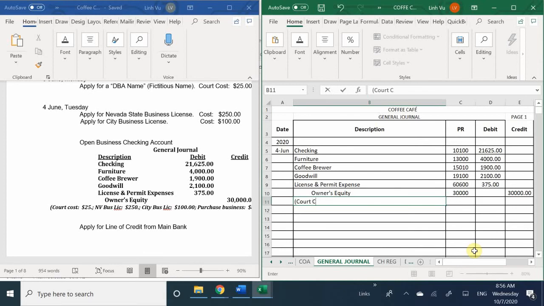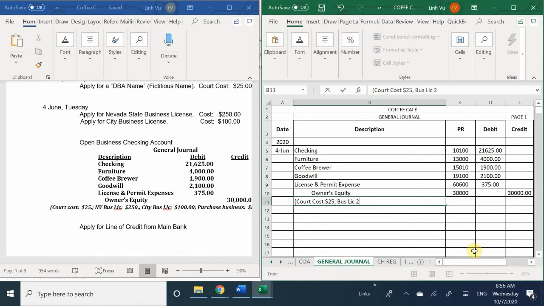Court cost of 25. Actually, let's do NV. We'll write it word for word, and then when we move forth from that, we can go ahead and do it however you want to do it.